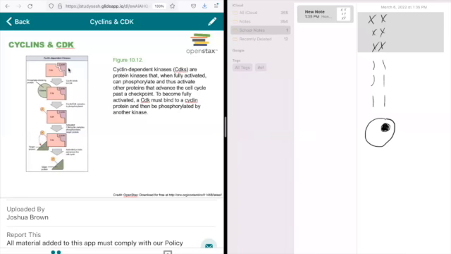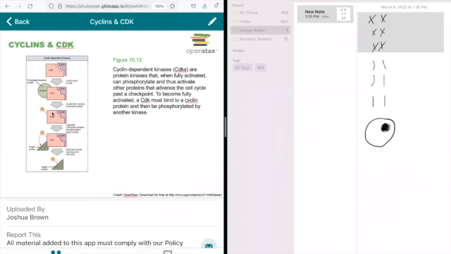So here's a diagram of them. The cyclin E is going to bind to these CDKs, these cyclin-dependent kinases. And that's not it. From there, another kinase is going to come and bind to the CDK, and it's going to phosphorylate the CDK and activate it.